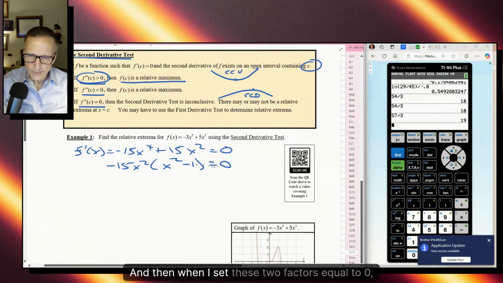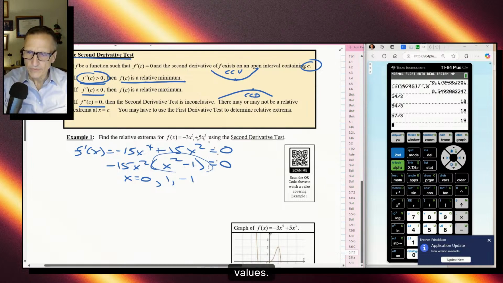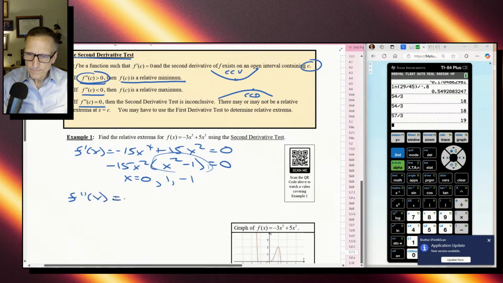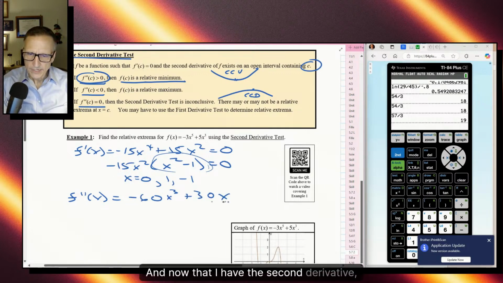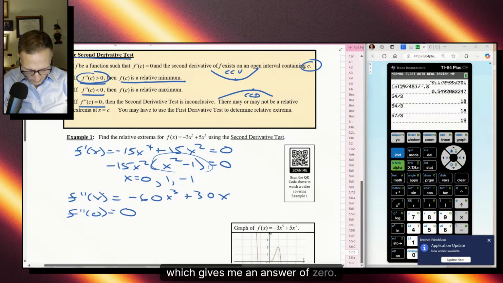And then when I set these two factors equal to 0, those are my critical values. This yields 1 and -1 as my critical values. What I'm going to do is find the second derivative. And now that I have the second derivative, I'm going to evaluate it at 0, which gives me an answer of 0.